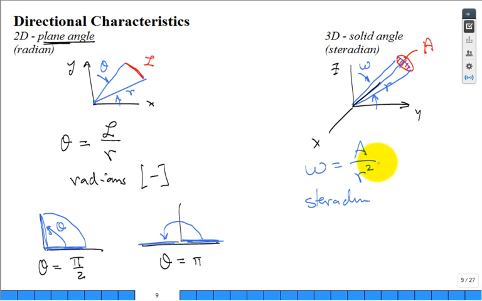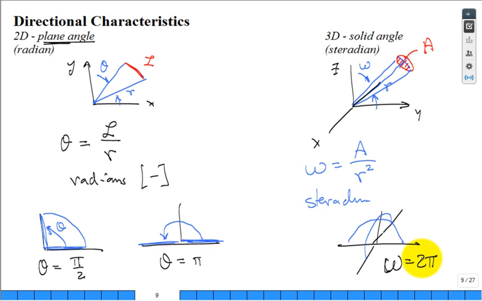Okay. Then you come down to the classic example. I have my X, Y, Z coordinate system, and I do half of the sphere. And I say, what is the solid angle into half of the sphere? And that becomes omega equal to 2 pi steradians, solid angle.